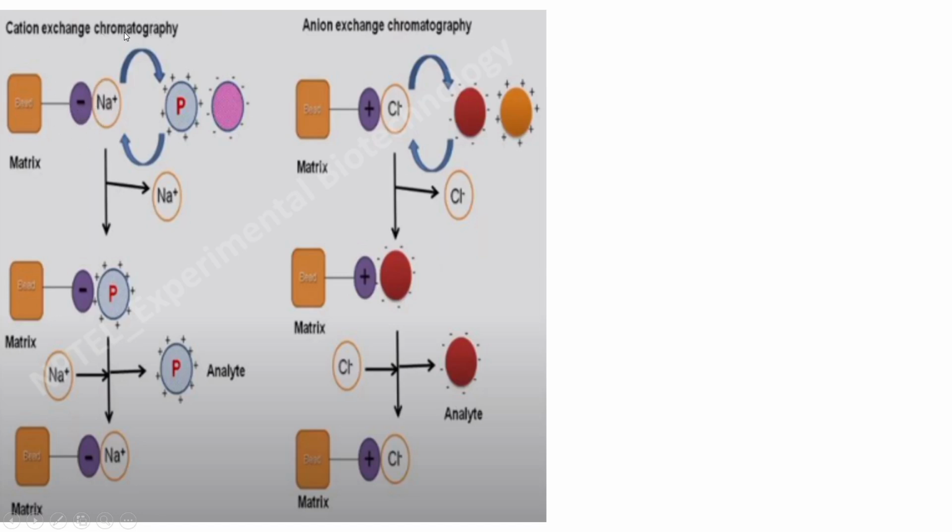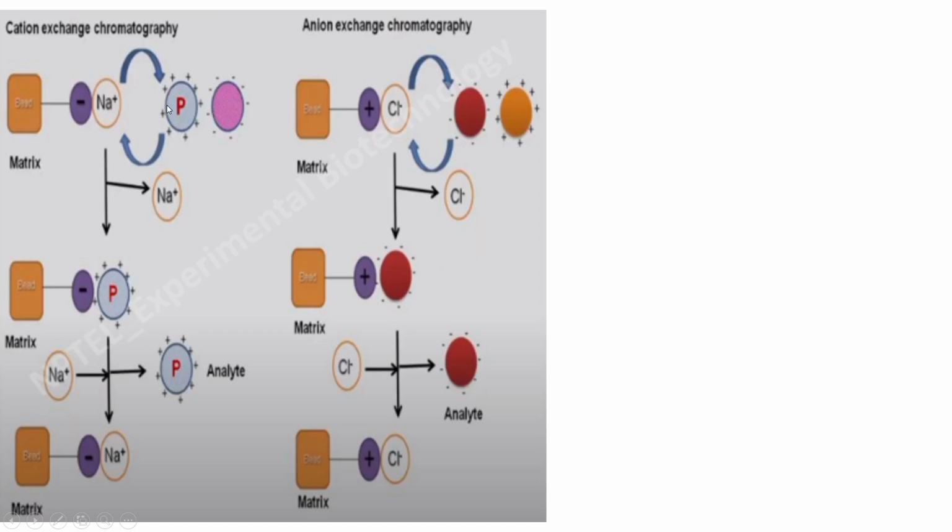This is an example of cation exchange chromatography, and a cationic molecule will be bound. Once I load the protein which has a positive charge, that means the pH is less than its pI.